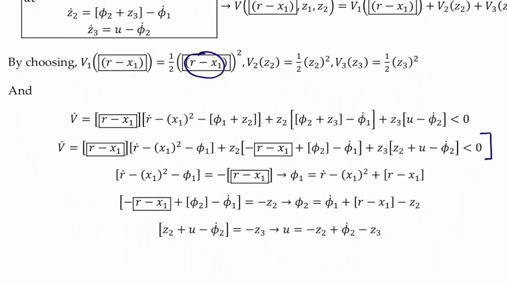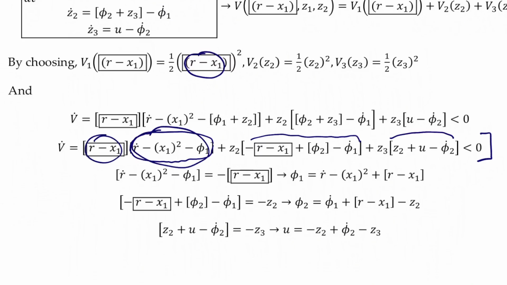So here this is the part that we need to look at right now, and this term. This term, and also this term, and finally this term. We are going to start from this first term, and this term is E1. We want this term to be, for example, minus E1. This is E1 and this is minus E1, it will result in minus E1 squared.